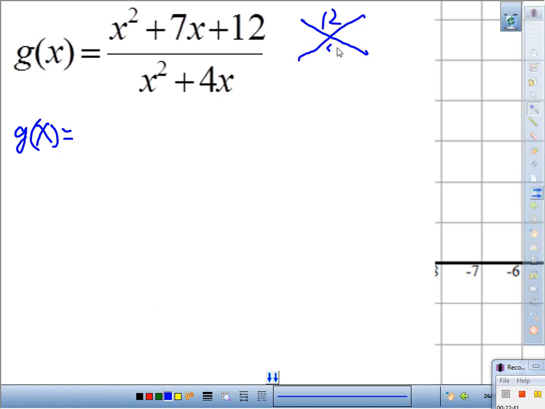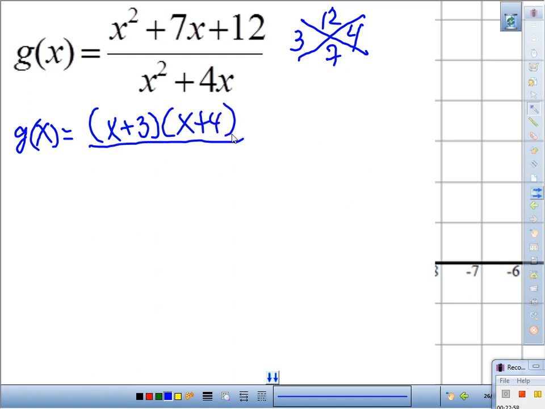Factors of 12 that add up to 7. 3 and 4. That is correct. X plus 3, x plus 4. Okay, and you're still not done, Ramon. Look at the denominator. It's not a trinomial, so what can we factor? X, that is correct. And that leaves us with x plus 4.